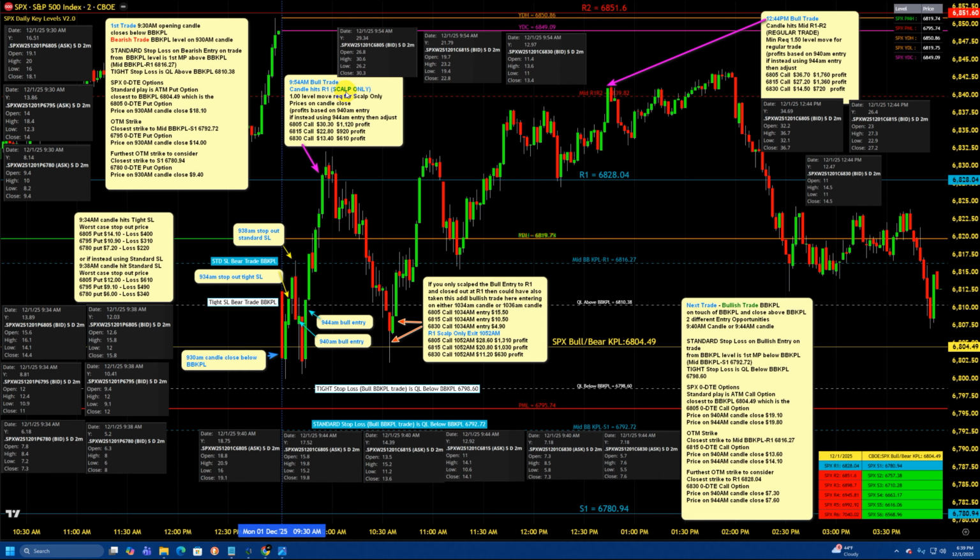Profit taking, scalp only, is a one level move in your favor, one level from this level you're taking the trade from, bullish trade, that's the R1.